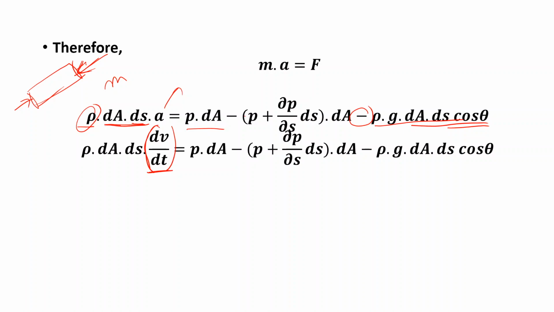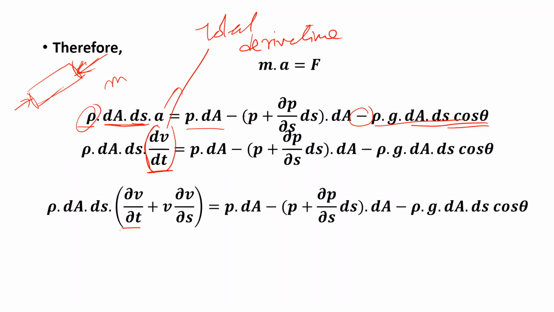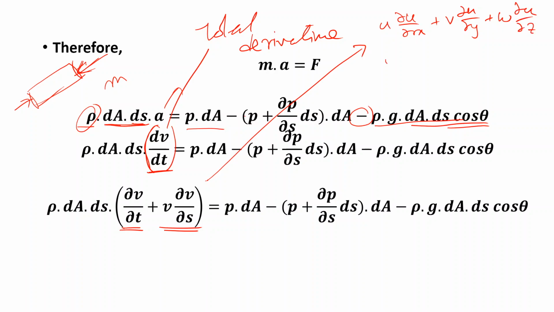Now since we have learned in kinematics that dv by dt is the material derivative or the total derivative of velocity, which can be expanded as del v by del t, which is the partial derivative of velocity with respect to time, and this is the convective acceleration, which in the acceleration term, material derivative, used to be the summation of u del u by del x plus v del u by del y plus w del u by del z, and similarly for other directions also.